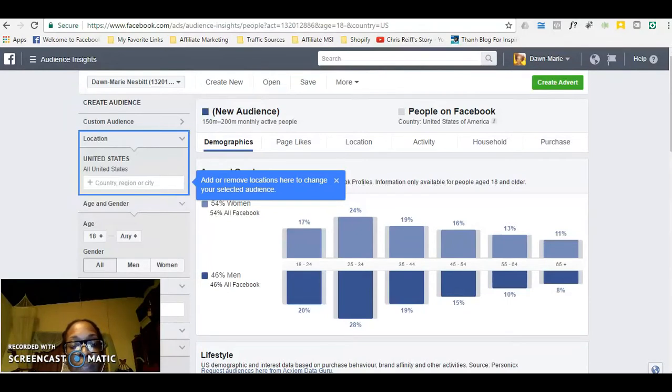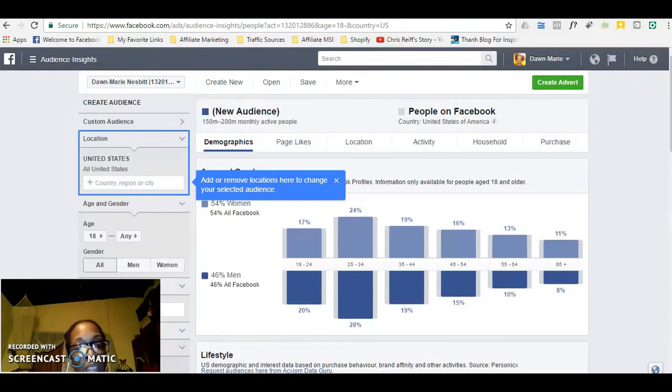So I thought it would be helpful to some of you to show you exactly how I use the audience insights and how I'm able to laser target my audience and show my product or my offer to the right people, because at the end of the day you want the right people who are interested in what you are doing viewing your product or viewing your offer, whether it's an affiliate offer, whether it's a make money online or a network marketing offer. So you want the right people to target.